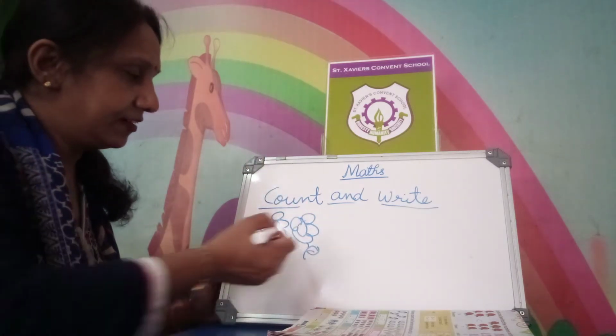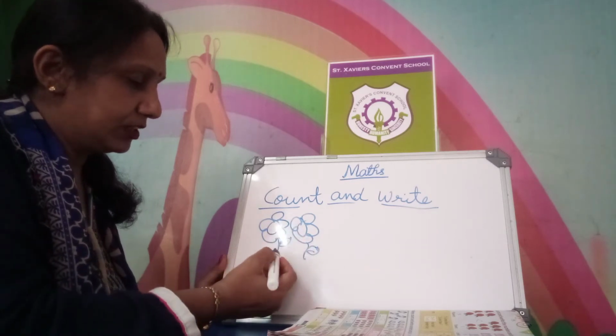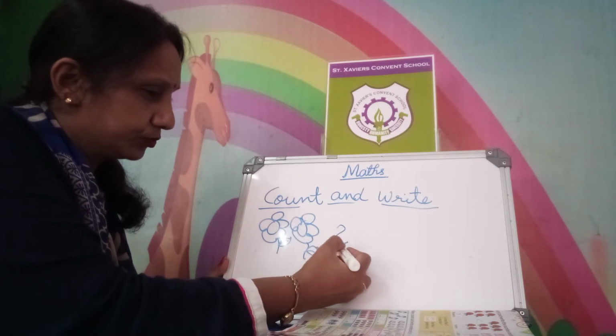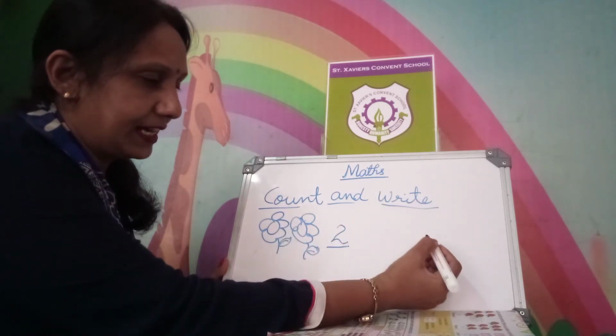How many flowers are there? 2 flowers. Count it. 1, 2. What will you write here? 2. And this side?